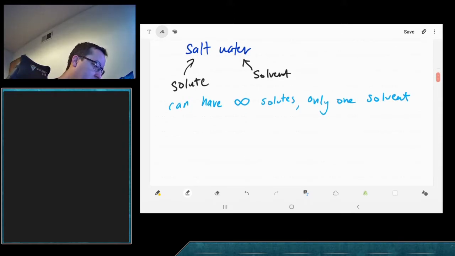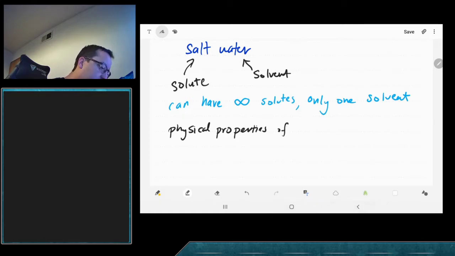So one more thing to note is that the physical properties of the solution are most similar to the solvent.